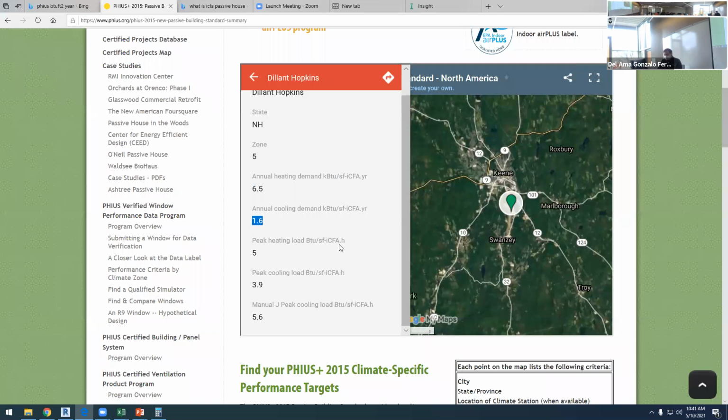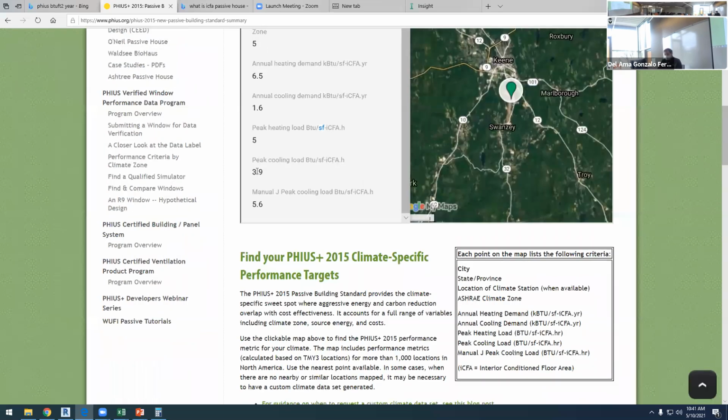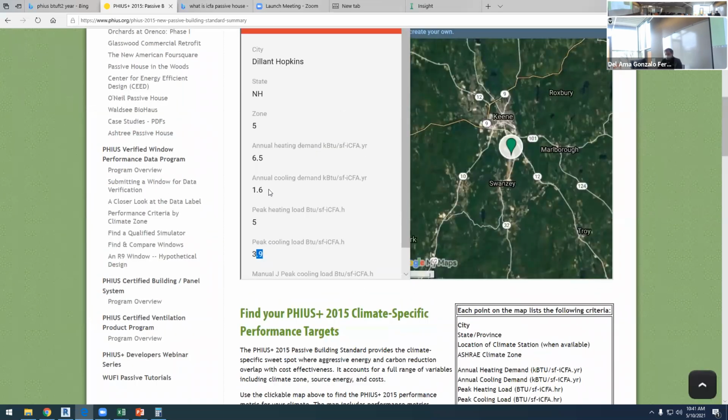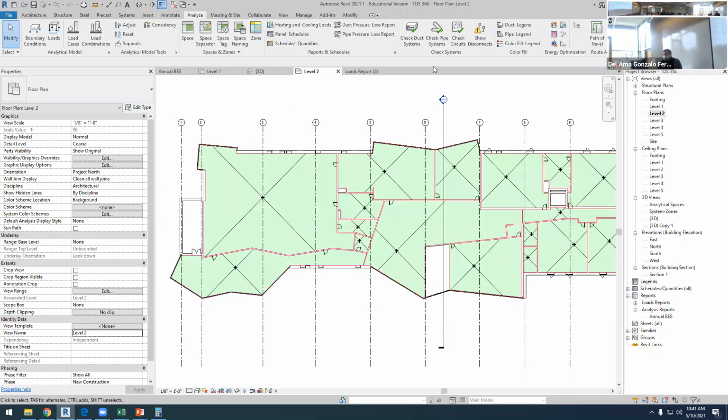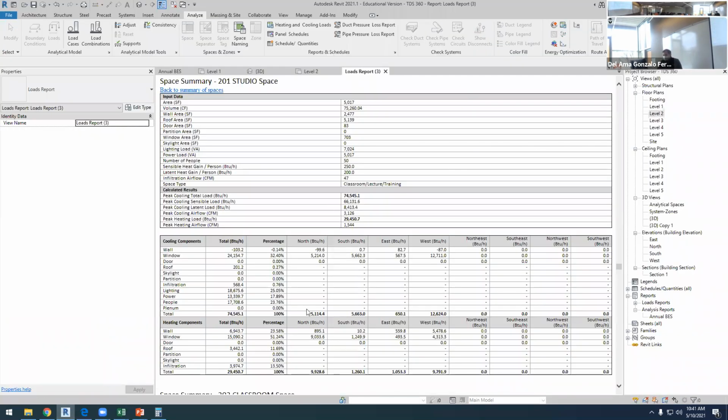The peak heating load should be below 5 per square feet, always per square feet. And then the peak cooling load. Okay, so this is just the heating and cooling loads. Are we meeting those requirements? Let's analyze this, the loads report.